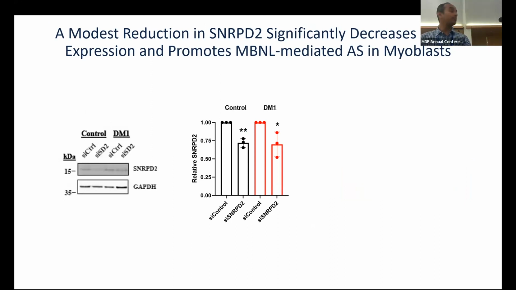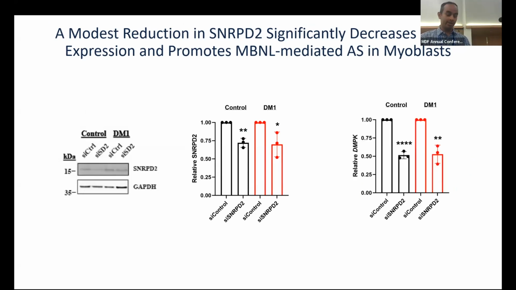So we performed SNRPD2 knockdown in myoblasts. Here we noticed that the effects were even more dramatic, where even just about a 25% reduction in protein levels significantly reduced DMPK expression by about 50%. Interestingly, this occurred in both control as well as DM1 myoblasts.